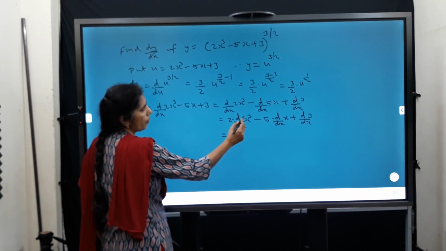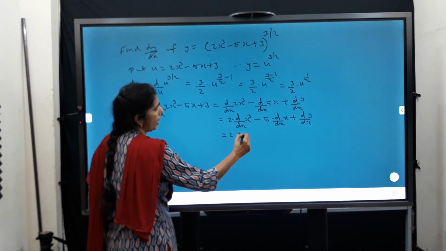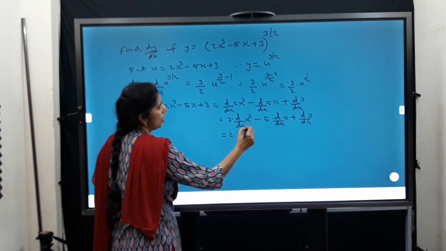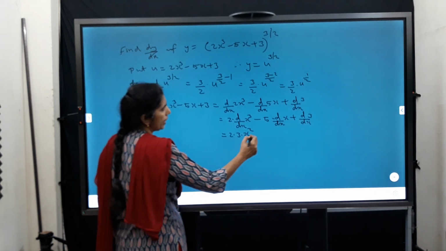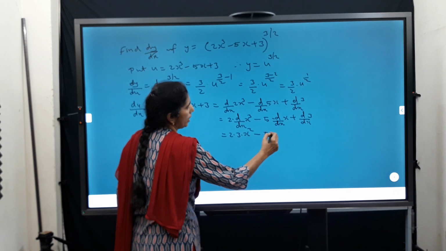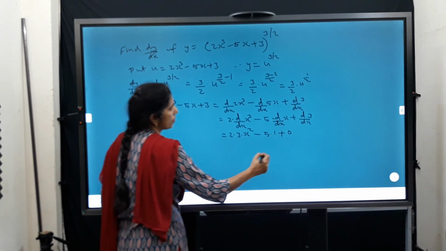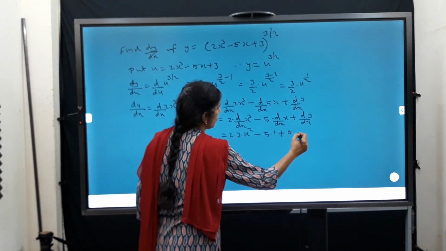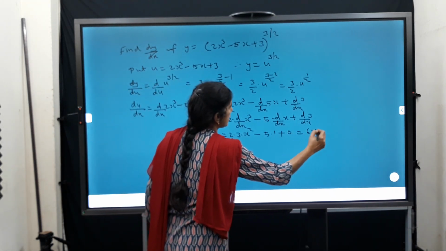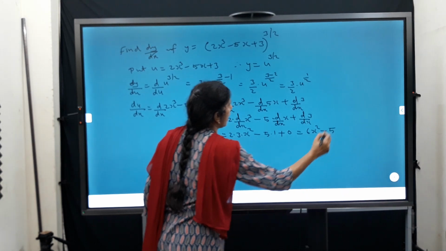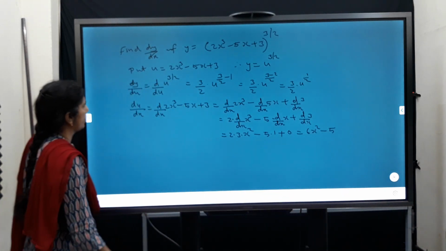So we apply the formula n into x raised to n minus 1. So it is 3 into x raised to 3 minus 1, that is 3 into x square. d by dx of x is 1 and d by dx of a constant is 0. So it is equal to 6x square minus 5.